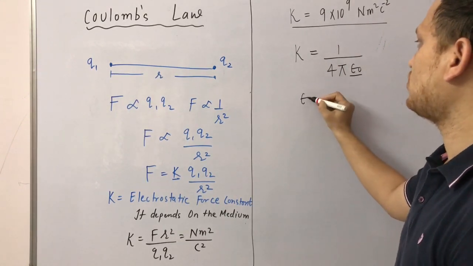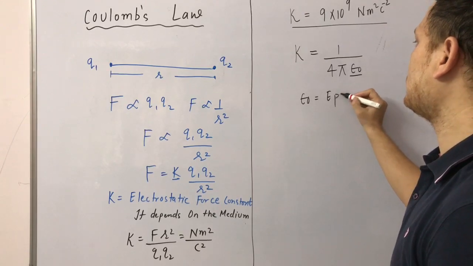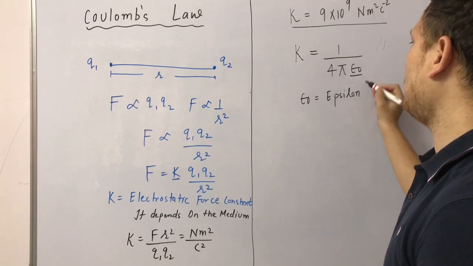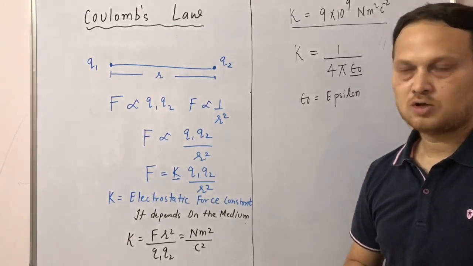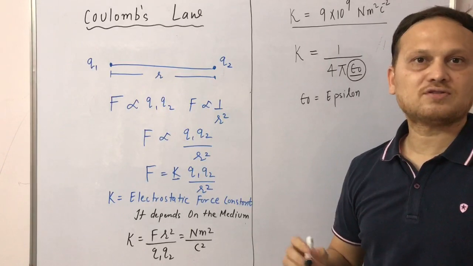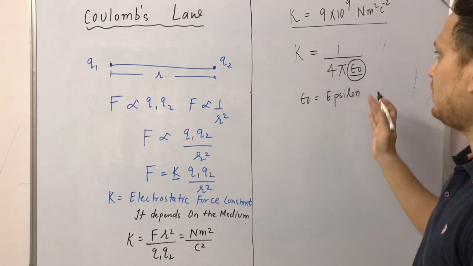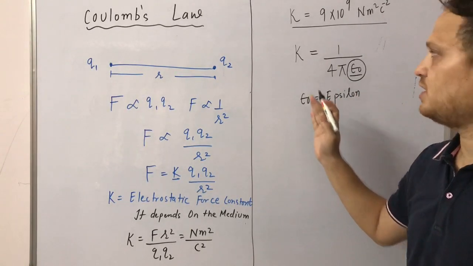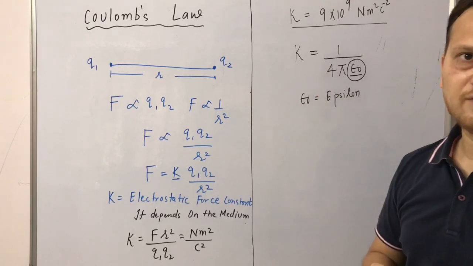The symbol is called epsilon, that is epsilon naught. Here the epsilon will change when you change the medium, so the value of K will also change.